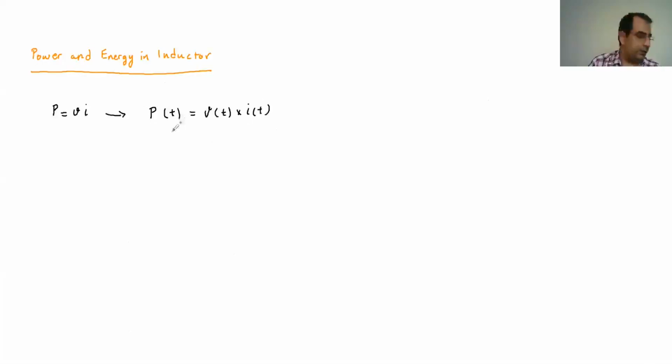So it's going to give you watts. For the energy, you can find the energy as 1/2 L I(t) squared. So this is how the power and the energy are going to be in the inductor.